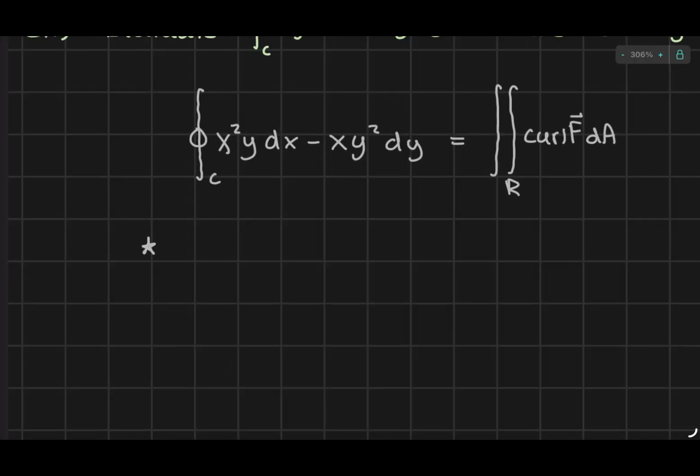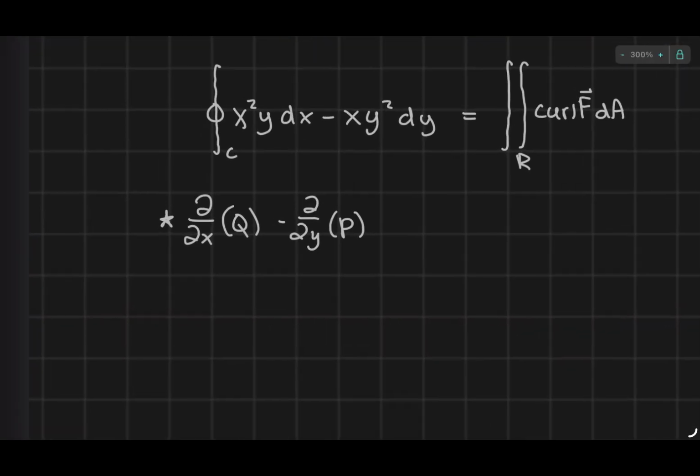For this one, we'll actually use the formula for what curl is without taking a determinant. So it's actually the partial d/dx of Q minus the partial d/dy of P. And those are both partials.